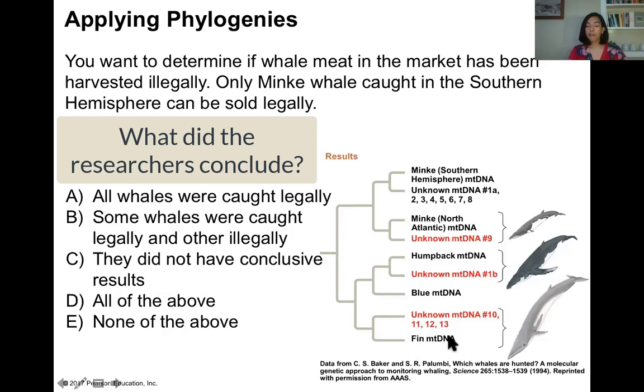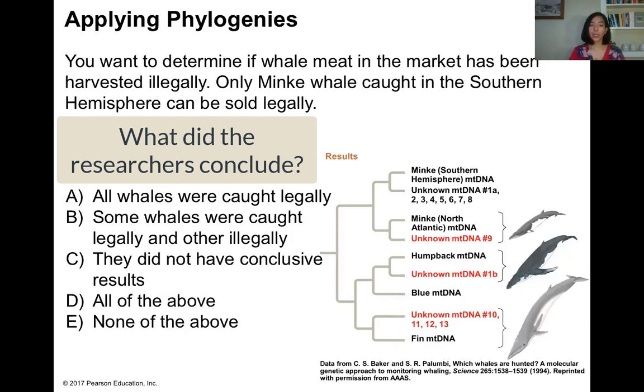These are the references that they use to match whether the sources from the markets were sold illegally or legally. Now, the samples marked as unknown are samples from the market. Based on the information that I just told you, please answer, what did the researchers conclude?